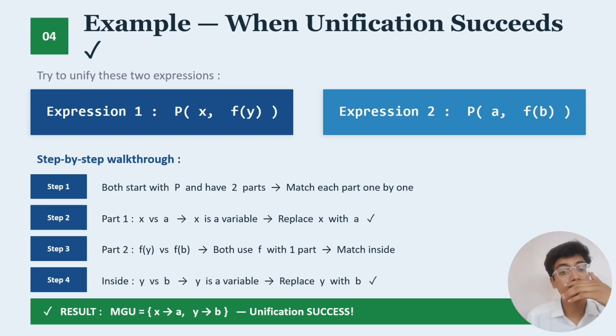Inside the bracket, in f of y it is y and in f of b it is b. y is a variable, so replace y with b. The result is the MGU: x equals a and y equals b.